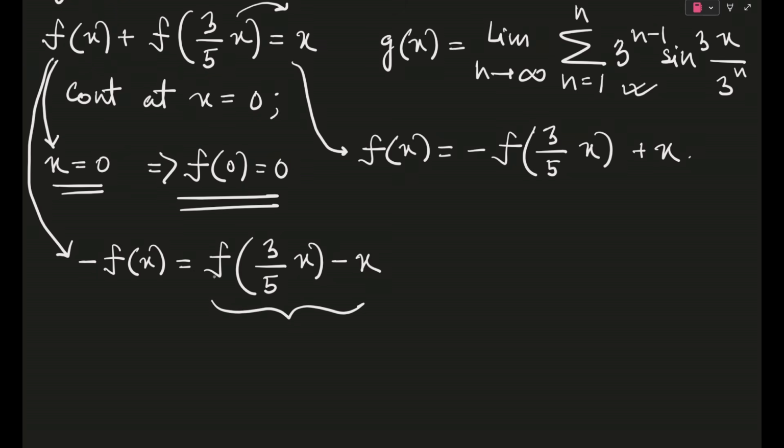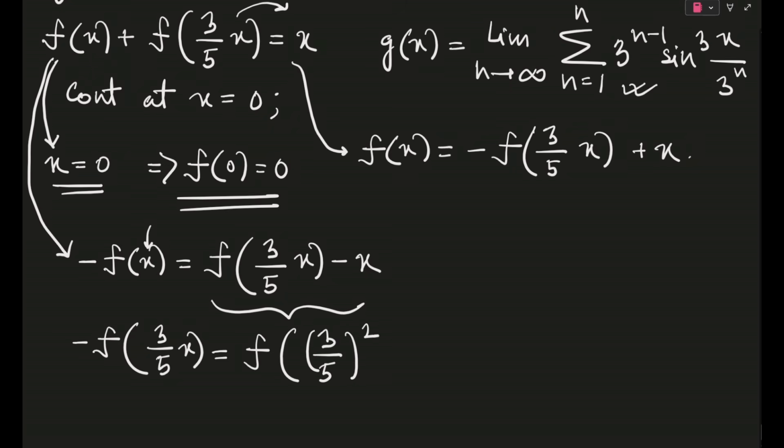In this particular equation, in place of x, I am going to substitute 3 by 5x. So this will become minus f of 3 by 5x equals f of (3 by 5) whole square x minus 3 by 5x.